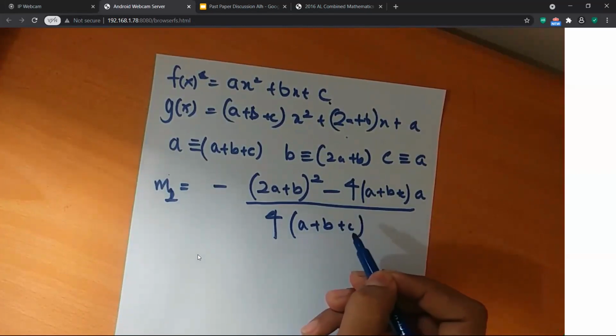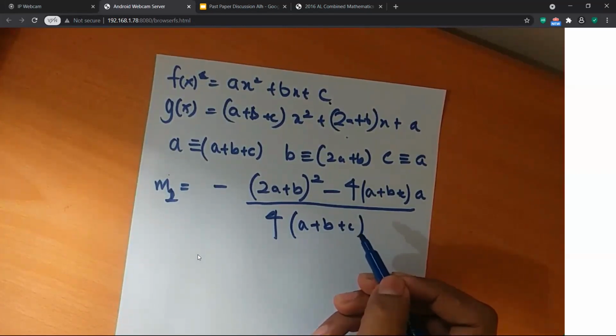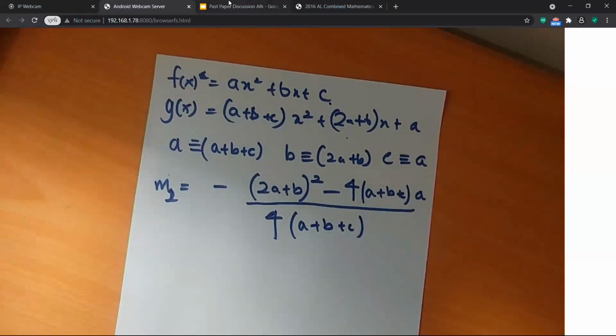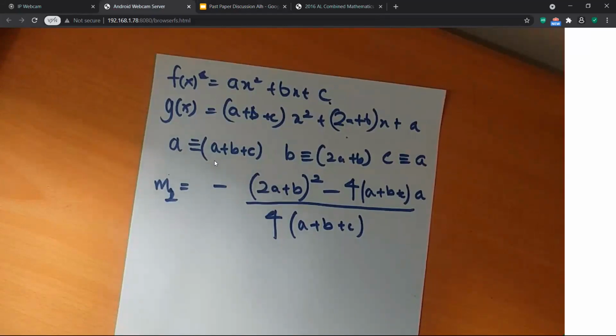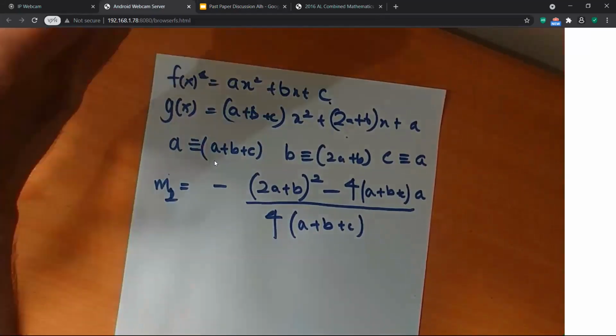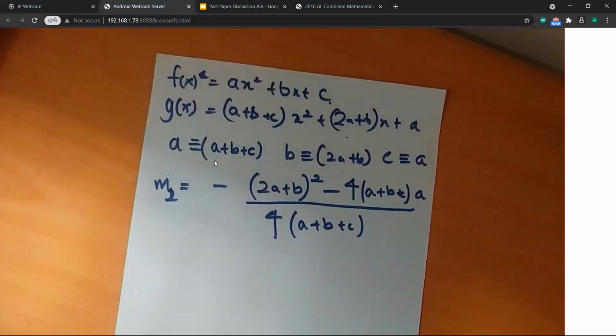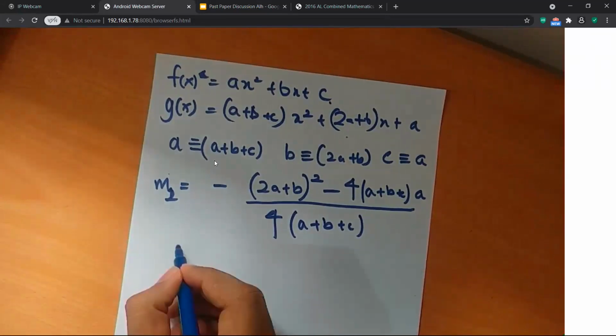Now we need to simplify, but they're not asking for the final answer. They're asking for m2 in terms of m1. Deduce that this thing is equal to a times m1. So you need to remember the answer of m1 as well. m1 is minus b squared minus 4ac over 4a. Let's simplify this.